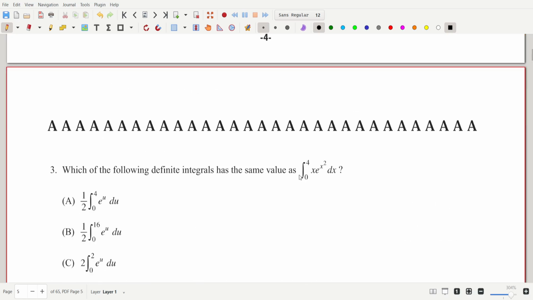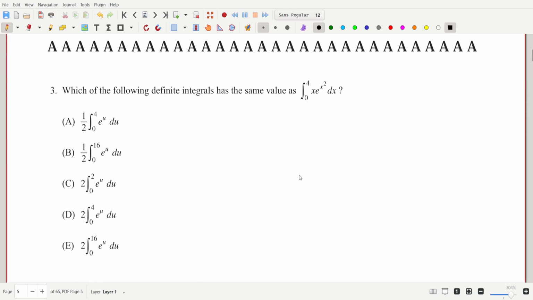Okay, next one, 3. Which of the following integrals has the same value as that? They want a u-sub. u is x squared. du is going to be 2x dx. So it's going to equal 1/2 integral 0 to 16, I believe, of e to the u. The 1/2 comes out here, right?